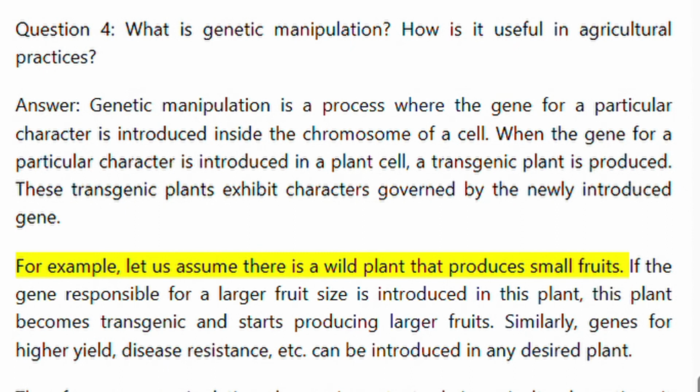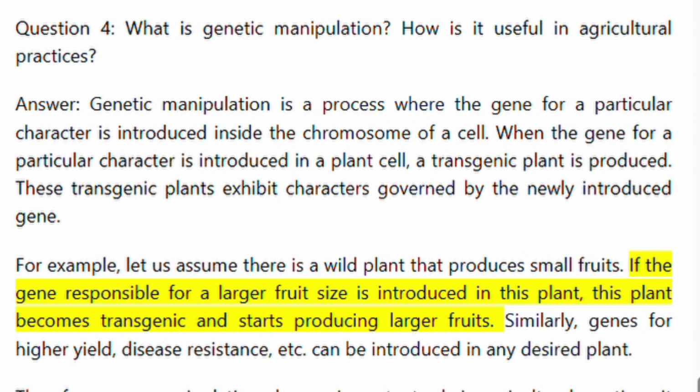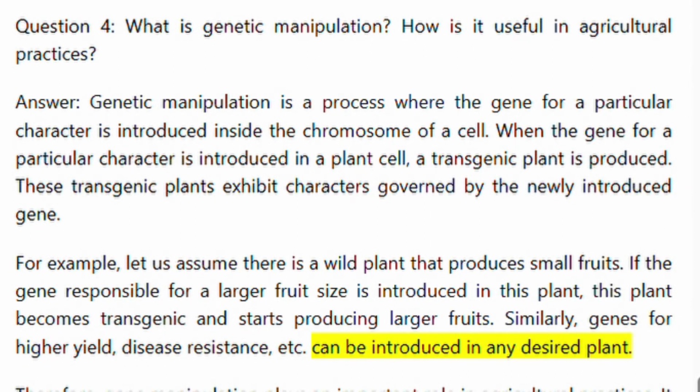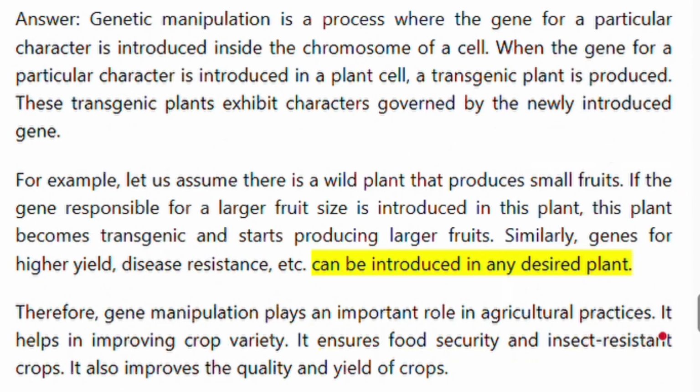For example, let us assume there is a wild plant that produces small fruits. If the gene responsible for a larger fruit size is introduced in this plant, it becomes transgenic and starts producing larger fruits. Similarly, genes for higher yield, disease resistance, etc., can be introduced in any desired plant.